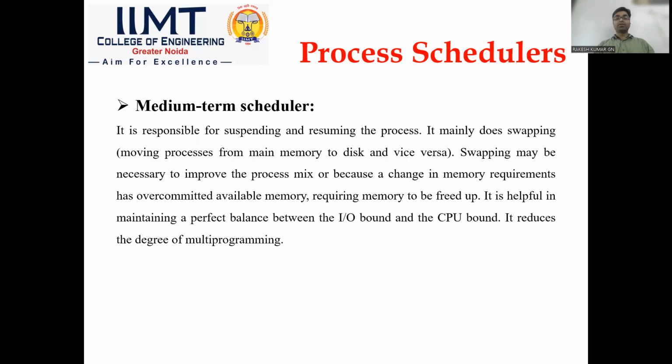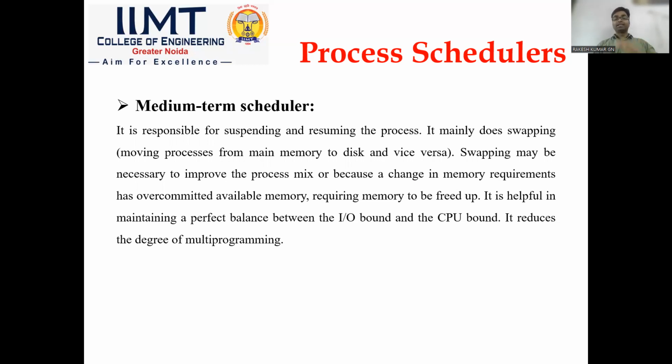It is responsible for suspending or resuming the process. Any process suspended from the ready queue, it works on that process. Which scheduler is this? The midterm scheduler. It mainly does swapping, that is, moving processes from main memory to disk and vice versa.